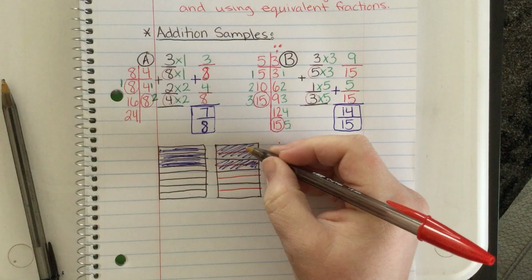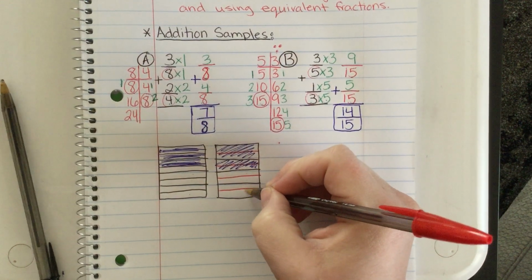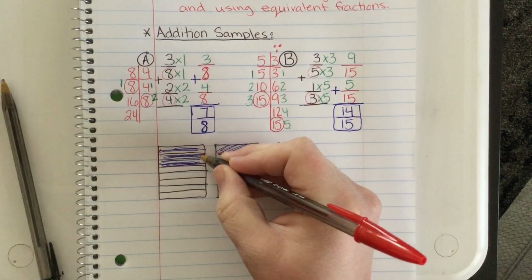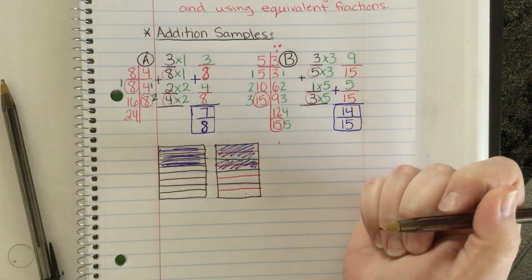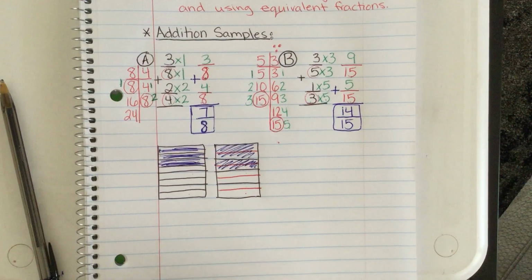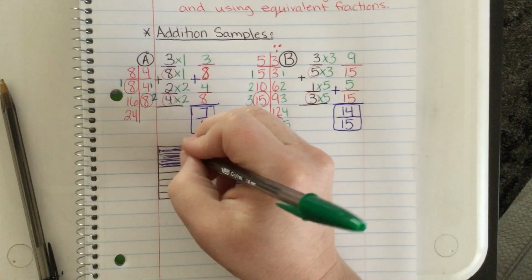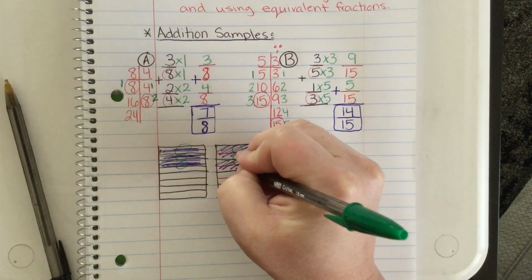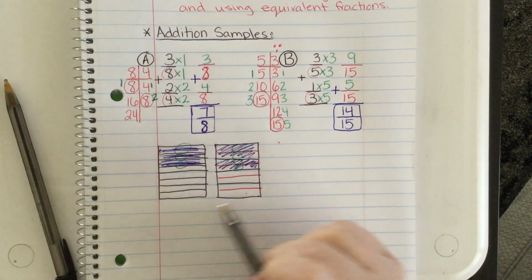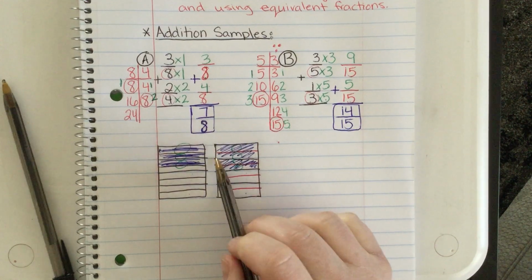So now I have 8 pieces here, 8 pieces here. Okay? Now, how many total 8ths do I have colored in? Well, I have 1, 2, 3, 4, 5, 6, 7. So I took my picture and I created 7/8.